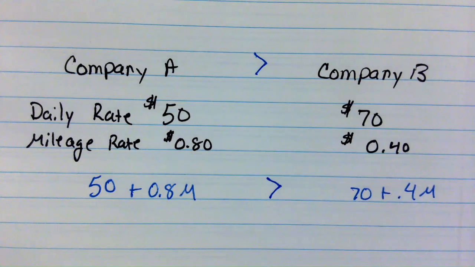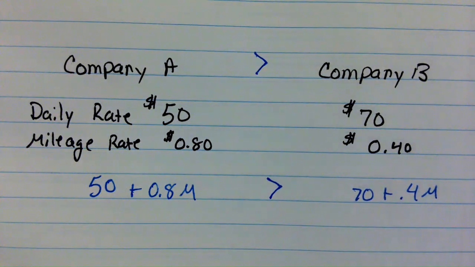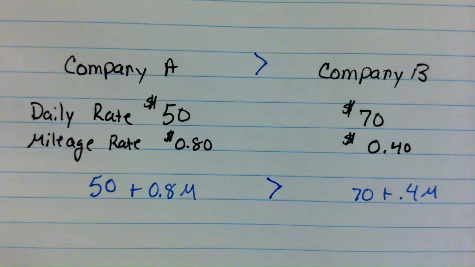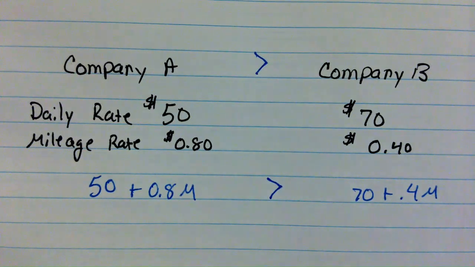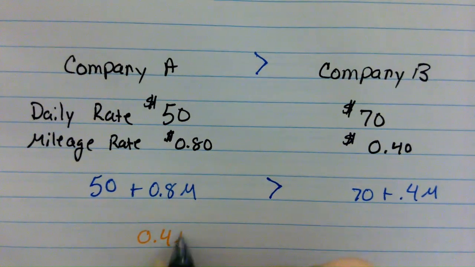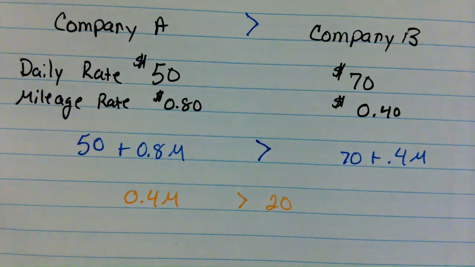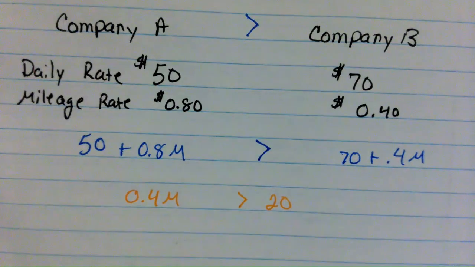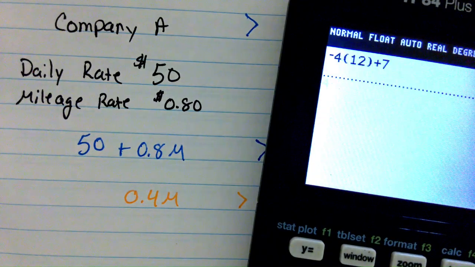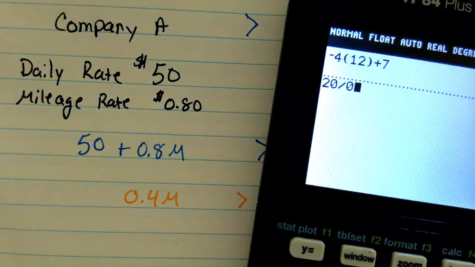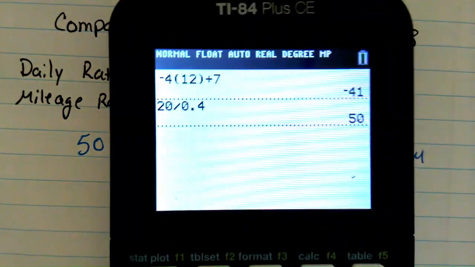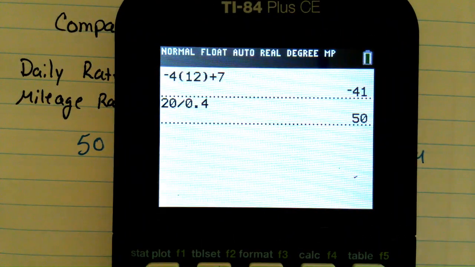When is company B less than company A, making it the better deal? So I'll subtract 0.4m from both sides, and I'll subtract 50 from both sides. So I moved all our variables to the left, all of our constants to the right. Now we're going to divide. After 50 miles.